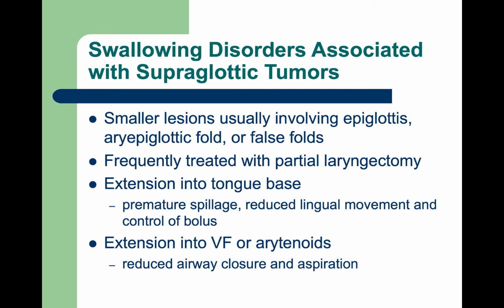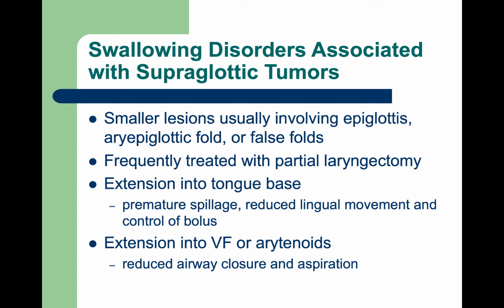For the uncomplicated partial laryngectomy, surgery involves elevating the remaining larynx. The surgeon tucks it under the tongue base and creates folds with the remaining tissue to provide airway protection during the actual swallow.